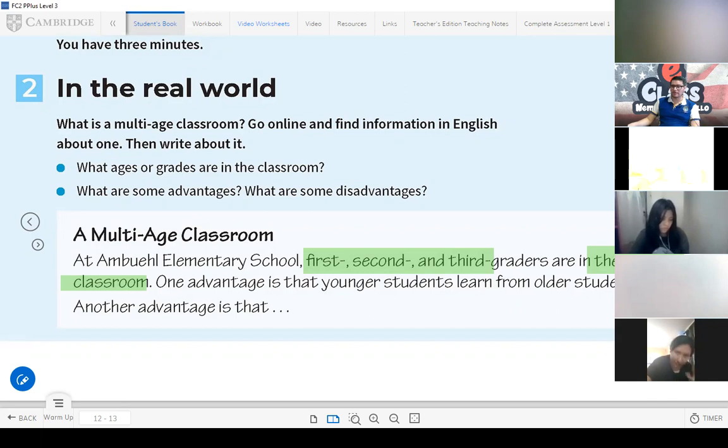Okay, Sanchez, read your answer. A ver, read your answer. What did you find? ¿Qué encontraste, Sanchez? A ver, share the information with the class. Comparte with the class the information. Come on, tell me. Nobody?